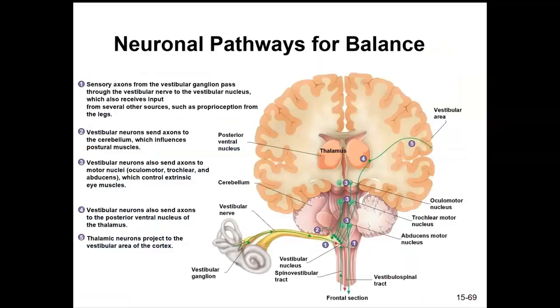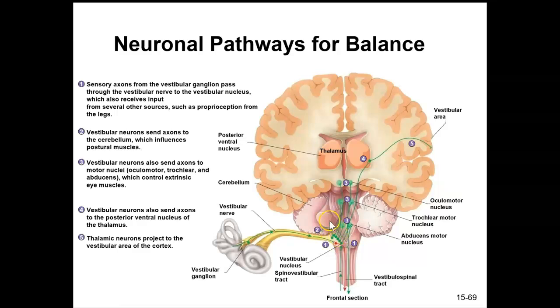Now let's talk about the neuronal pathway for balance. First, we are going to have the vestibular nerve communicate the afferent nerve fibers to create our vestibulocochlear nerve. And we are going to synapse here at the vestibular nucleus.